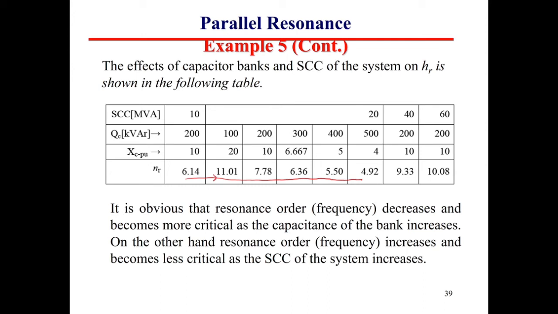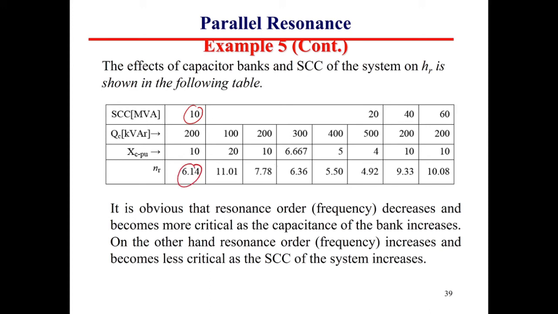If we look at the harmonic order, for the same short circuit level, increasing the Q, or the size of the capacitor, will increase the harmonic order up to a certain level, and then again the harmonic order will start to decrease.